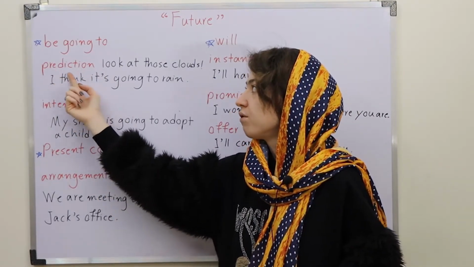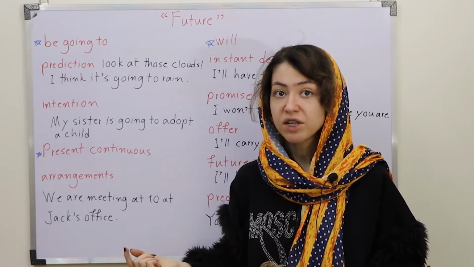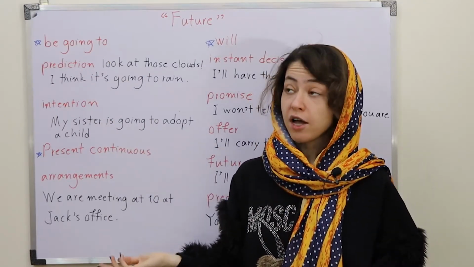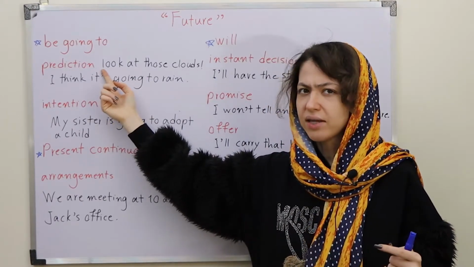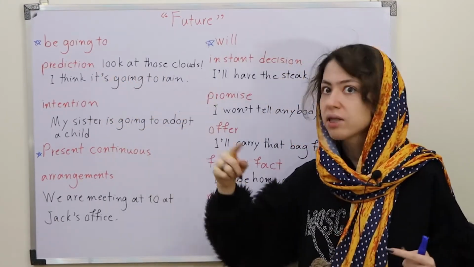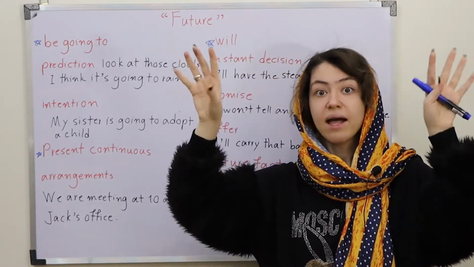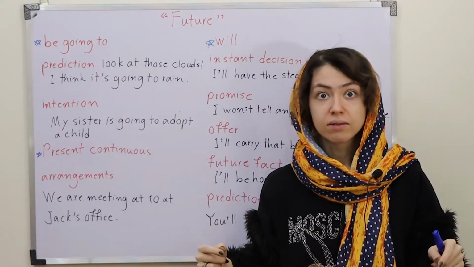We can use it for predictions. So if you want to talk about the predictions, we can use be going to. But what kind of predictions? Let's take a look at the example. Look at those clouds. Okay, you see that the sky is cloudy. I think it's going to rain.